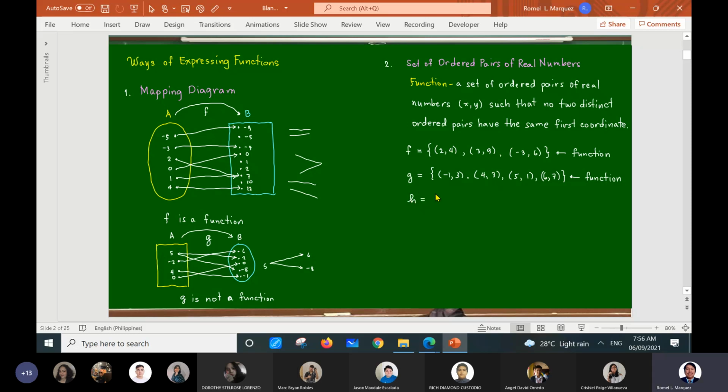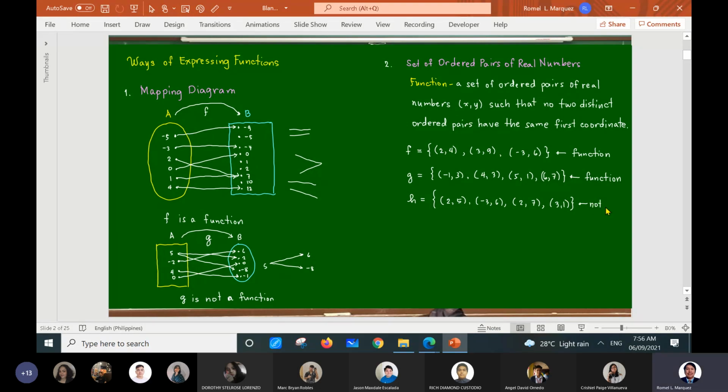Let's say h is the name of my function, and I have (2, 5), then (-3, 6), (2, 7), then (3, 1). Now, does this define a function, guys? What do you think? No, sir.